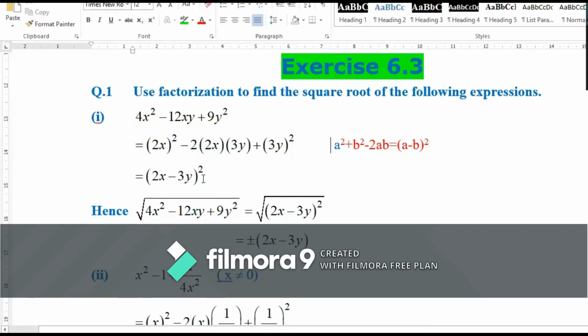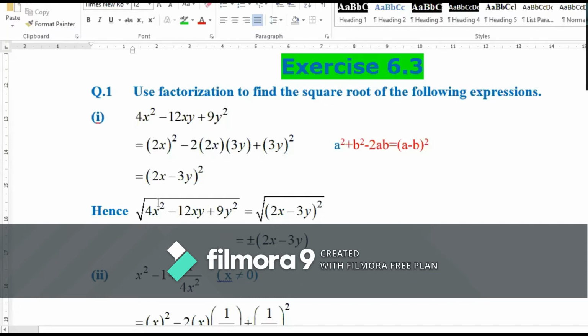Once it has become a perfect square, the next step is to write the square root of the whole expression, like 4x square minus 12xy plus 9y square, the original statement of the question. This will be written again at the end of the question.